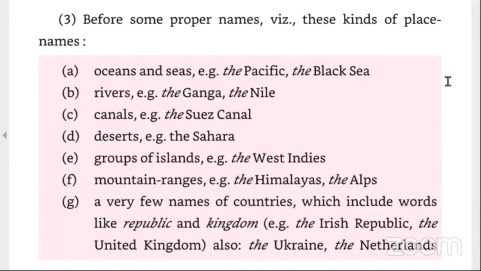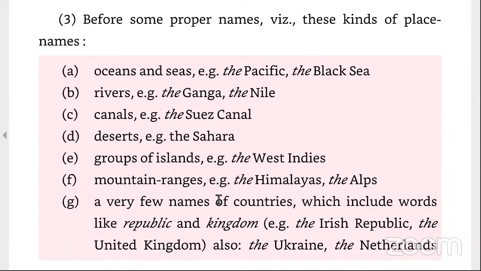In the United Kingdom, there are how many countries? How many states are there in the United Kingdom? Doesn't anyone know here? How many states are there in the USA? 50. There are 50 states in the USA. In the same manner, in the United Kingdom, we have 4 states.